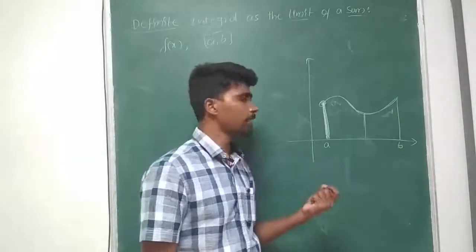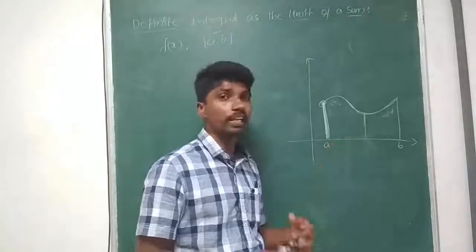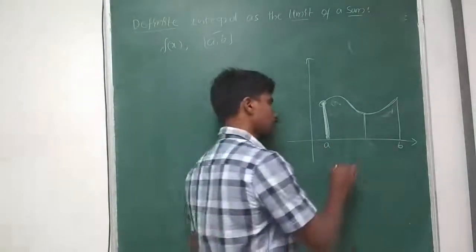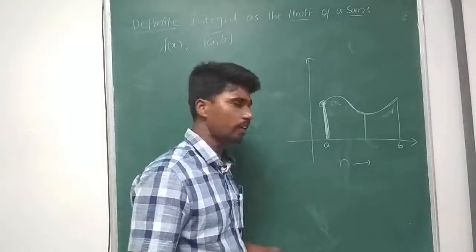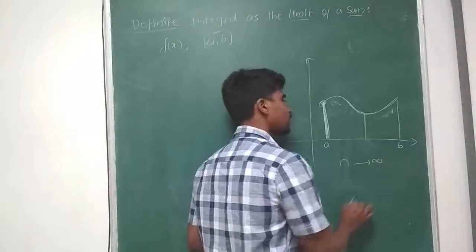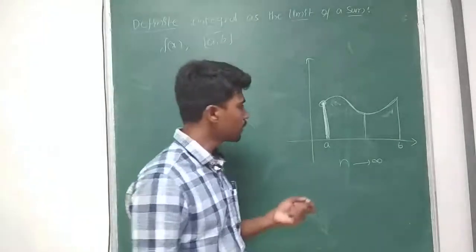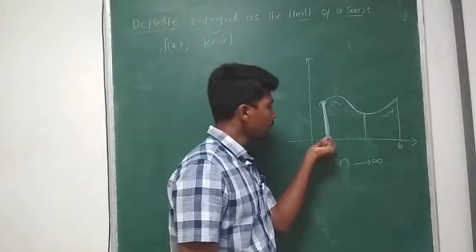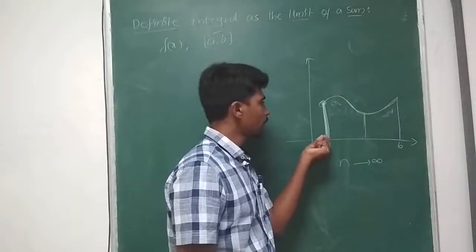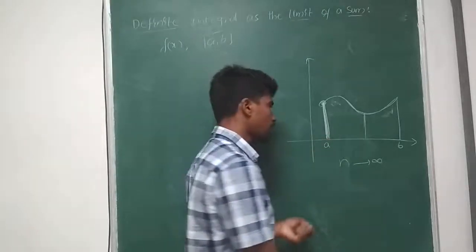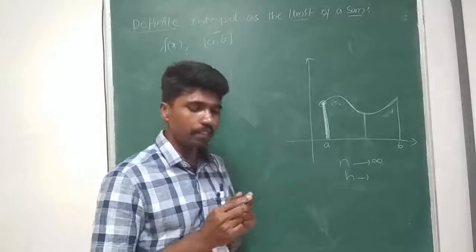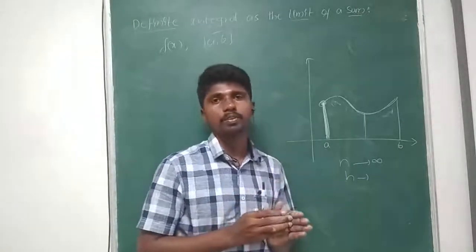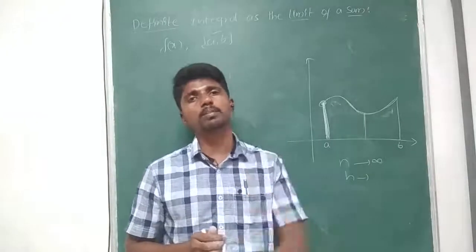So if I make the region into infinite parts, say I made n parts in the beginning, I am making that n tending to infinity. If n tends to infinity, and suppose I consider the width of each division as h, the width of each division decreases, becomes smaller, and can be negligible.